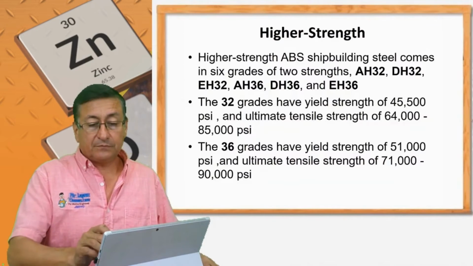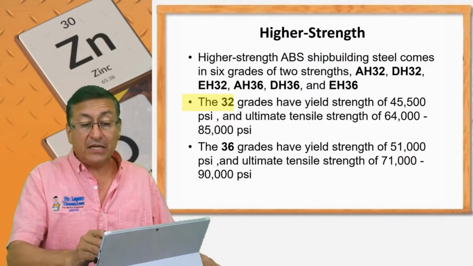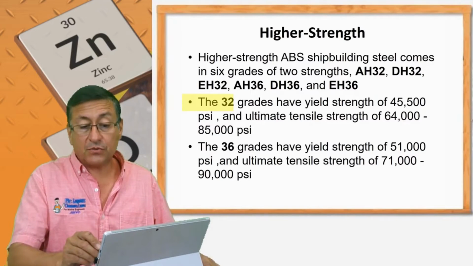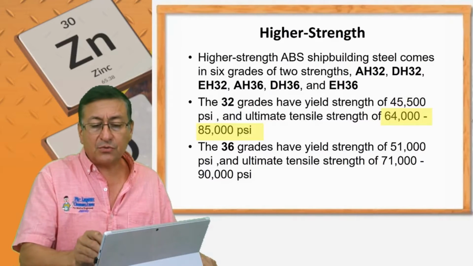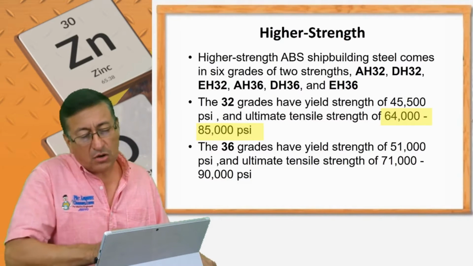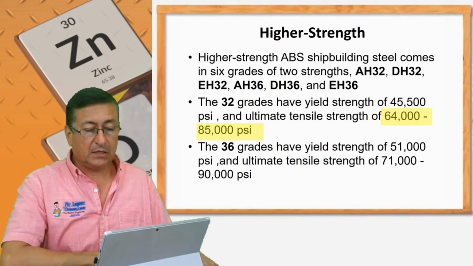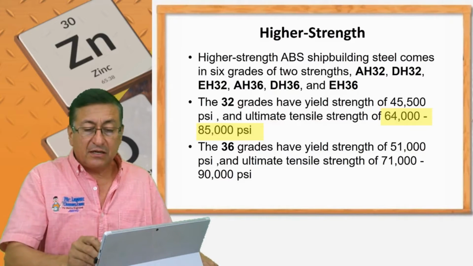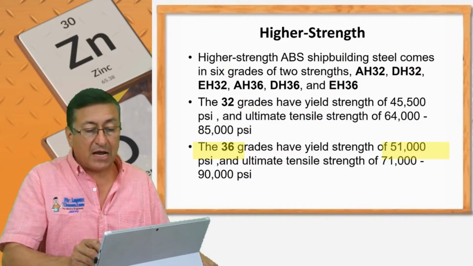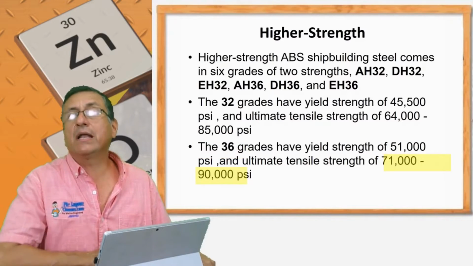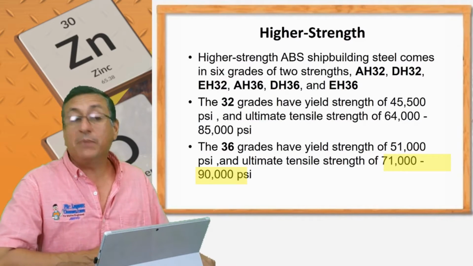other properties. And this series, the series 32, has a yield strength of 45,000 psi, and the ultimate tensile strength around 85,000 psi, the breakpoint. And the series 36 has a yield point of 51,000 psi and the breaking point between 71,000 and 90,000 psi.